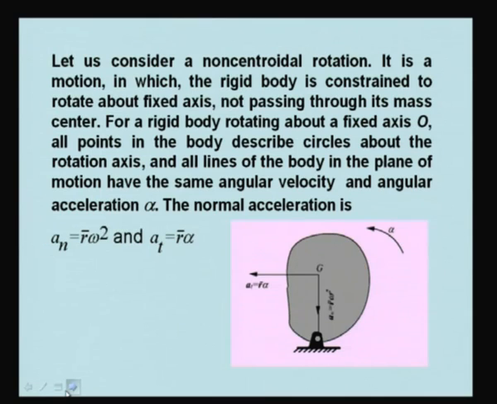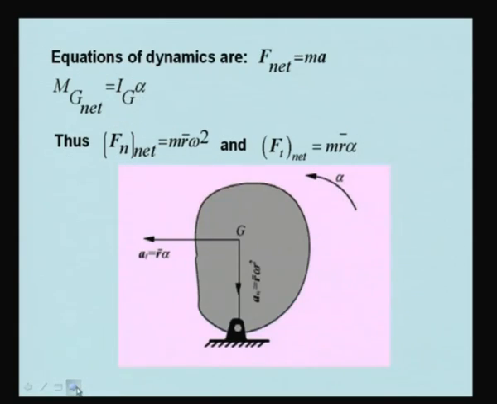For a rigid body rotating about a fixed axis O, all points in the body describe circles about the rotation axis at all times, and all lines of the body in the plane of motion have the same angular velocity omega and angular acceleration alpha. These things we have discussed in the last classes. So the normal acceleration an is equal to omega square r bar and at is equal to r bar times alpha. Therefore these things will hold good.